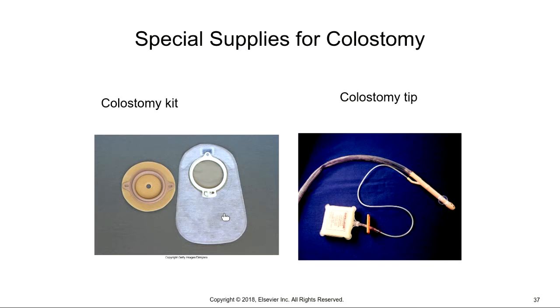Now, remember, at this point, nothing was attached to that. So they used water-soluble iodinated contrast, and they injected it into the rectum to make sure that it was open or patent. And then they took the terminal portion of her ileum, and they put one of these colostomy tips in there, and they ran water-soluble iodinated contrast media through the terminal ileum to make sure that that was open or patent.